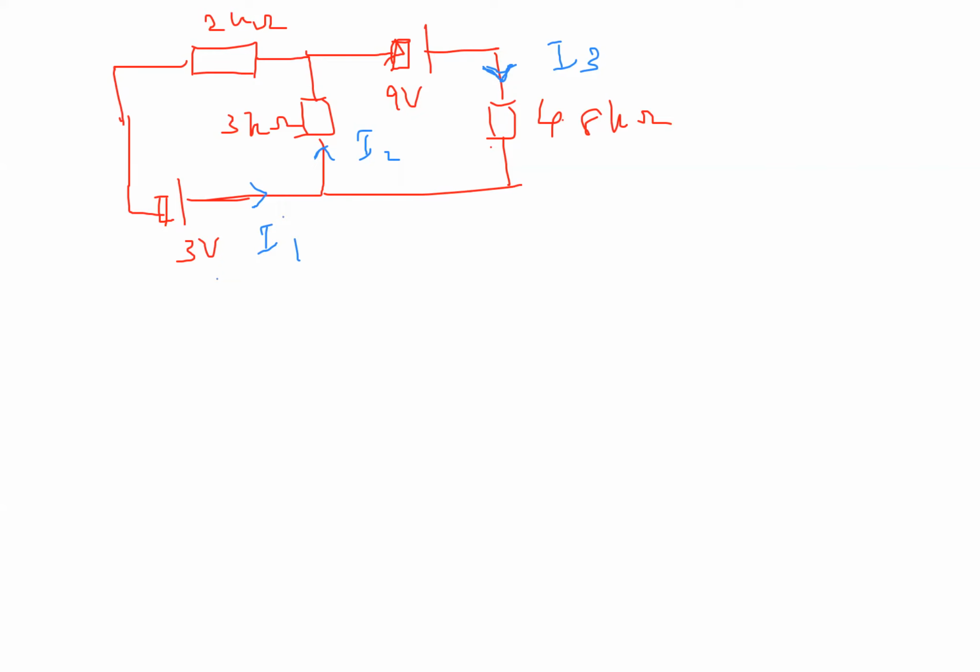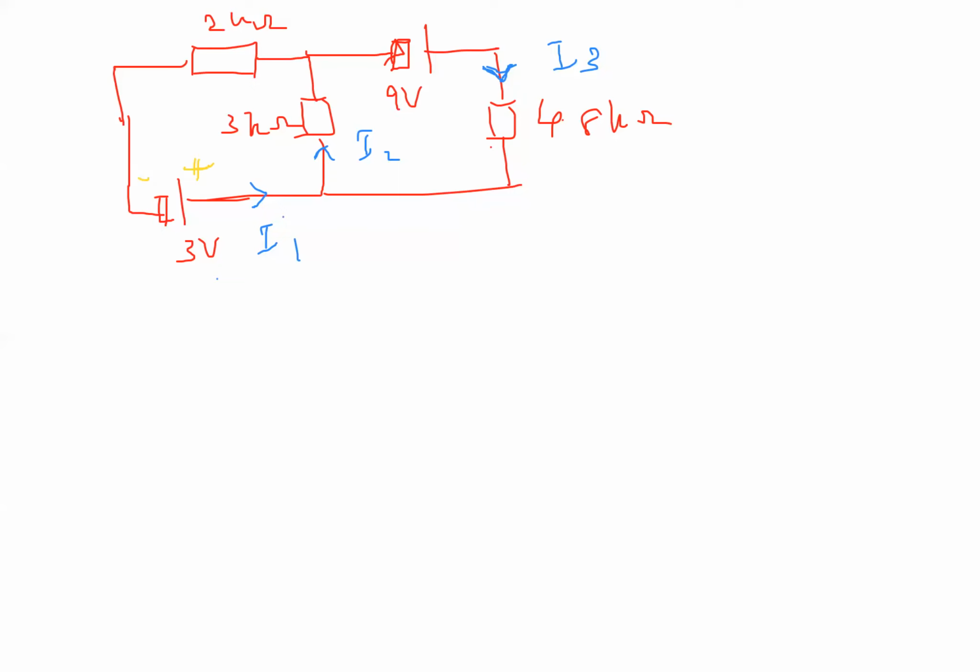Yeah. Okay. Now next point, you need to indicate the positive and negative terminals of each of the components. Battery, this is positive because it is given. Then current flows from this direction. If you look at this 3 kilo ohms resistor, what will be the positive terminal?